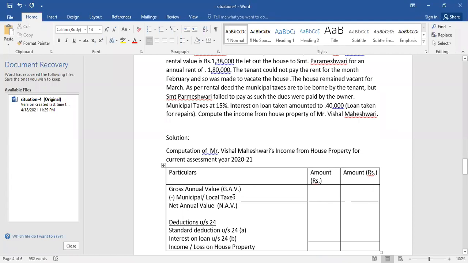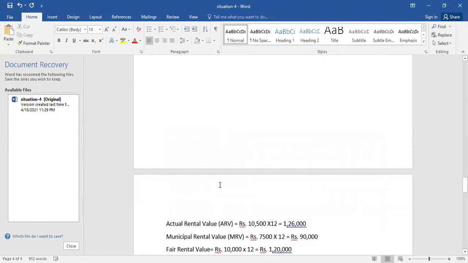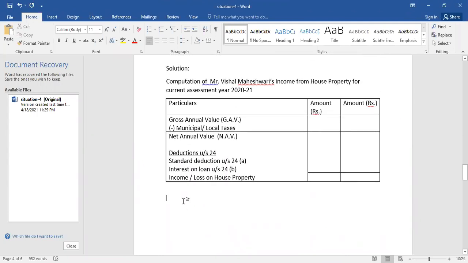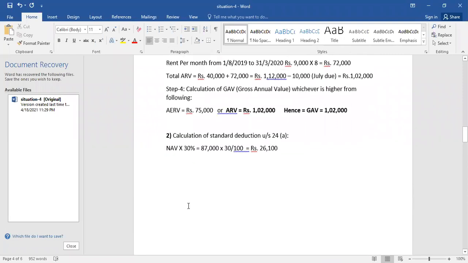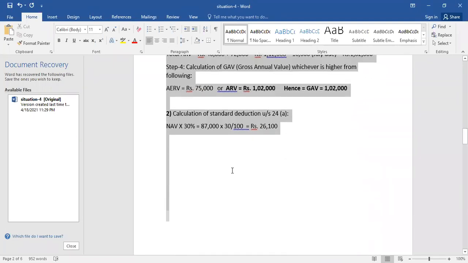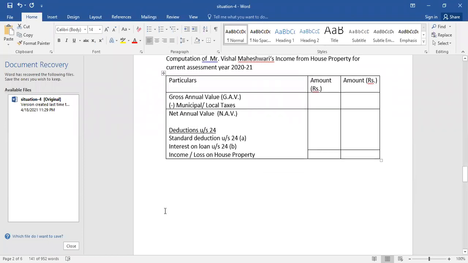So GAV minus municipal tax equals NAV, this is the standard format. Okay. And now we are going to calculate the working notes. Again, we have to calculate the working notes. Now let us copy those working notes here.